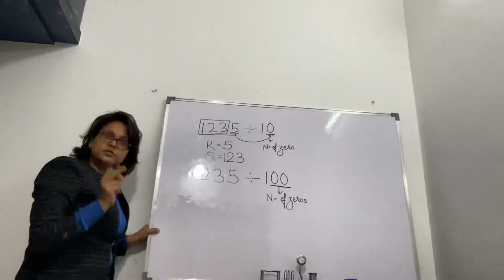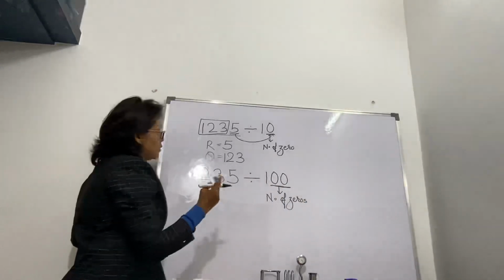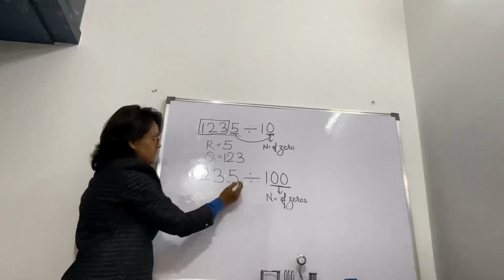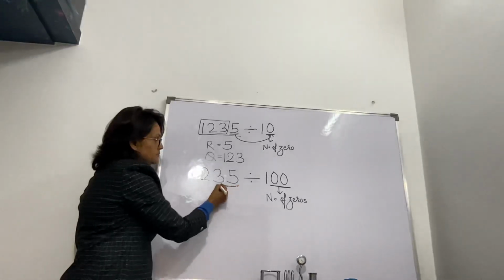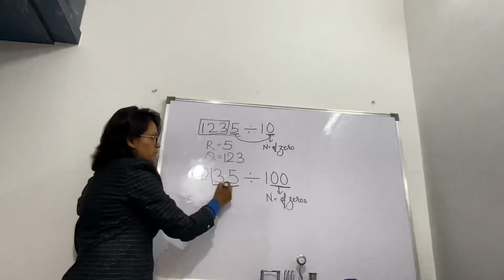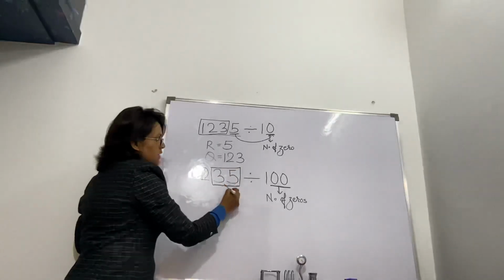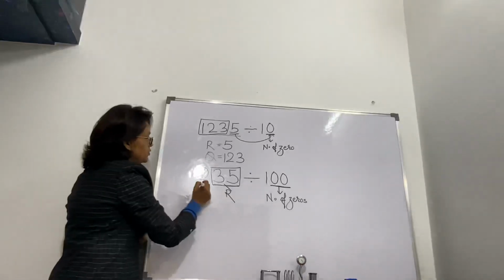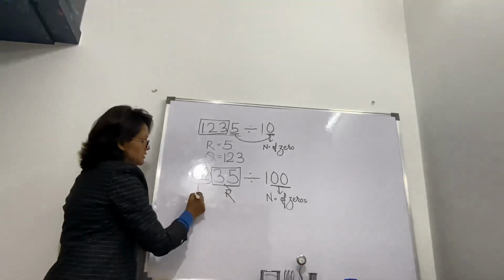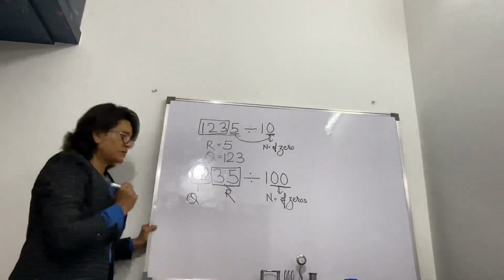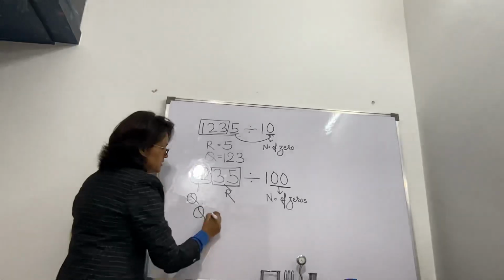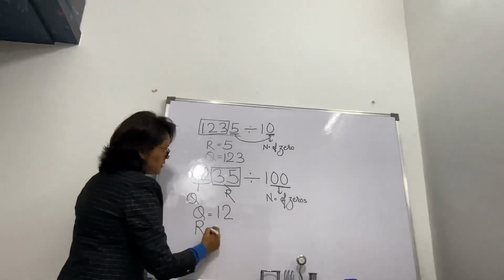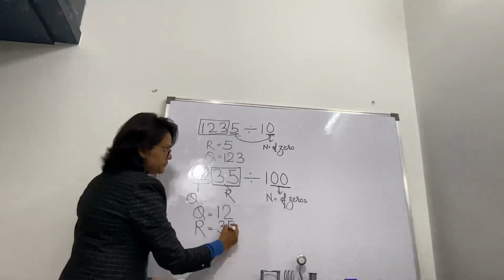Here the number of zeros are 2. Now we'll see this number and start looking from the right side. Here we came to know these two are the remainder and the other two numbers are the quotient. So when it comes to quotient, we will write 12. When it comes to remainder, we will write 35.